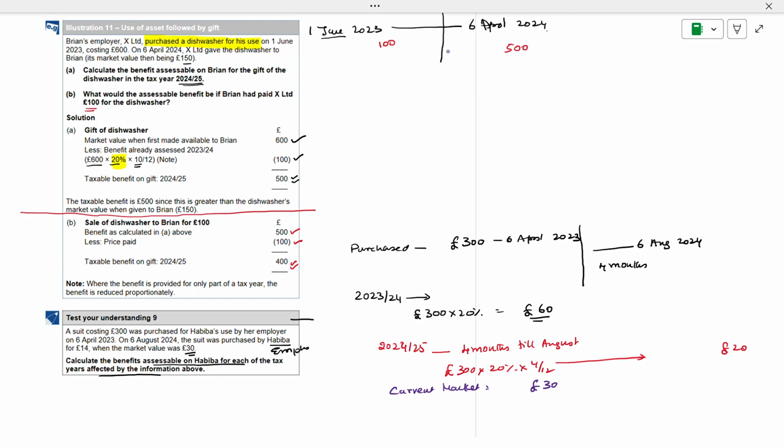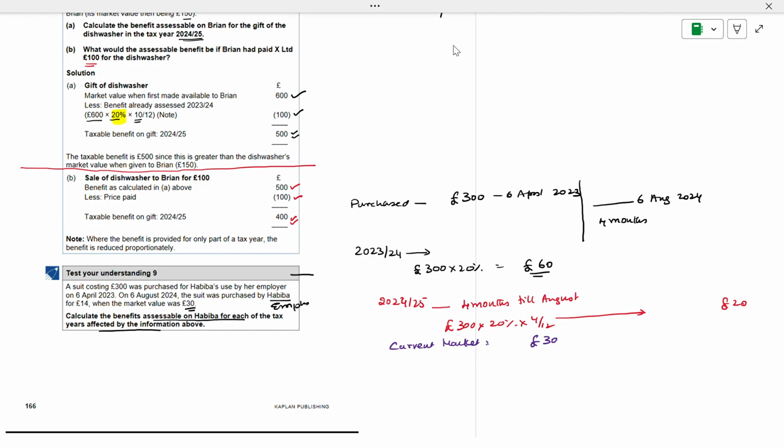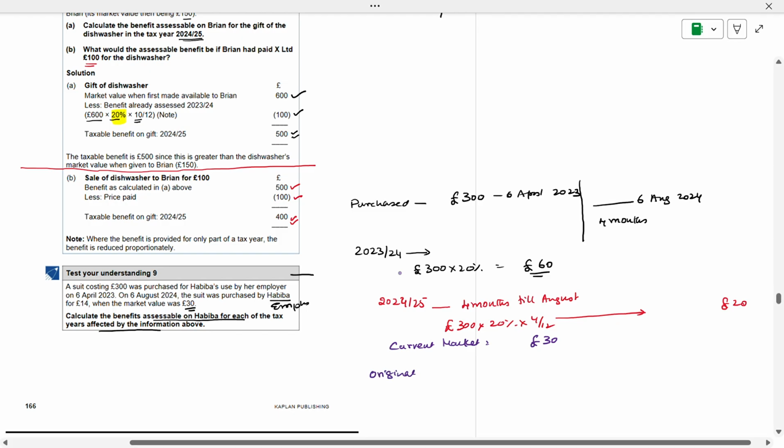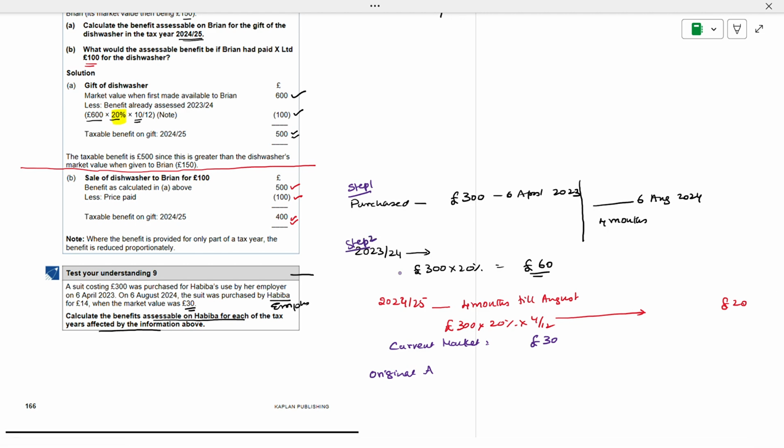Now, the current market value is 30. How much is the asset? We have to make sure how much it has been taxed. I will put it very simple: this is step 1, this is step 2, this is step 3.